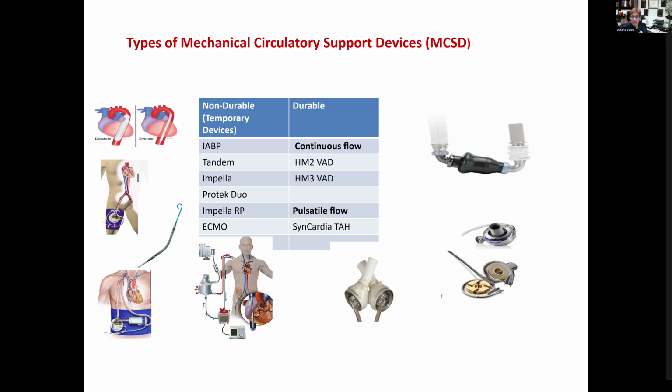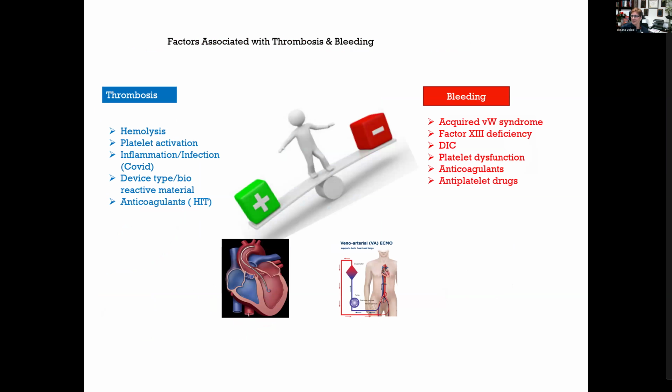Among the short-term devices, the most commonly used would be Impella and ECMO. Among continuous flow devices, the most commonly used right now is HeartMate 3, and the total artificial heart is still used, but basically is not as commonly used as other devices.